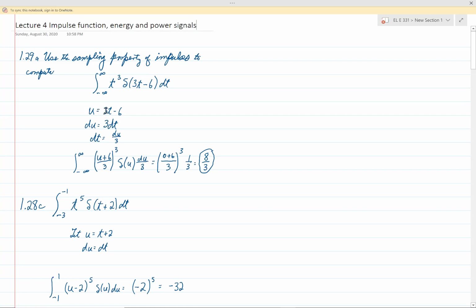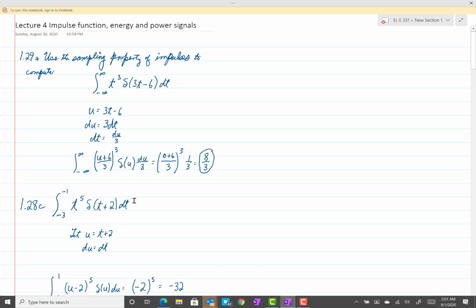Now, since u is equal to 3t minus 6, that means that t is u plus 6 over 3. And so we're going to substitute that for t. And it's getting cubed. And then the delta of 3t minus 6 becomes delta of u, and then dt becomes du over 3. Now that we have the integral written with the delta function having a single parameter as its argument, what we do is the following.